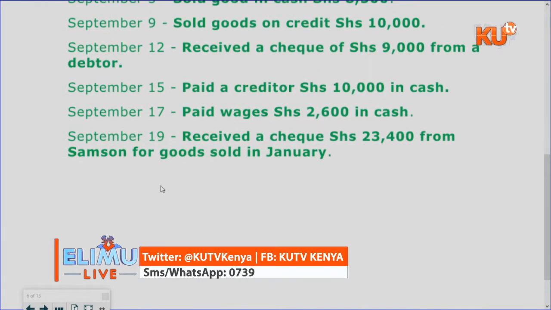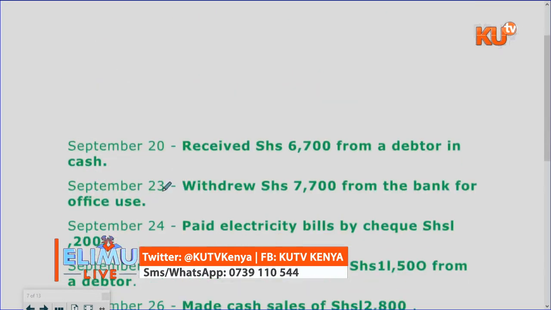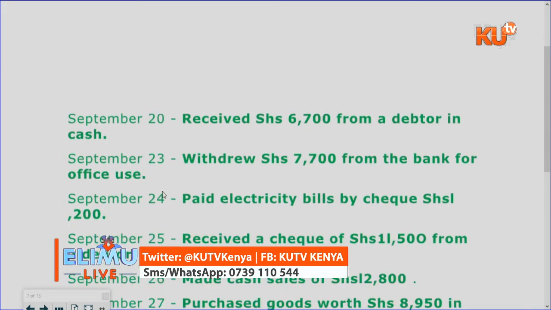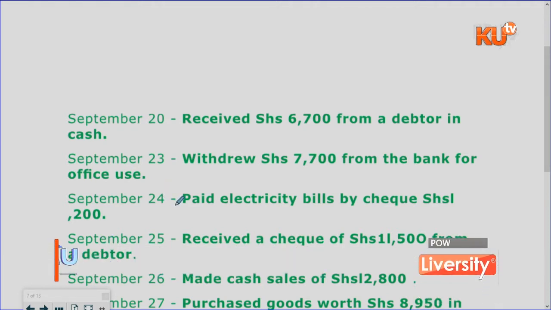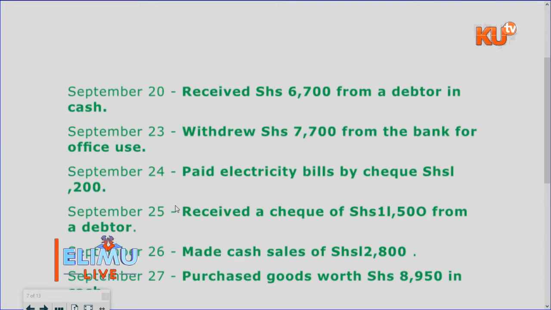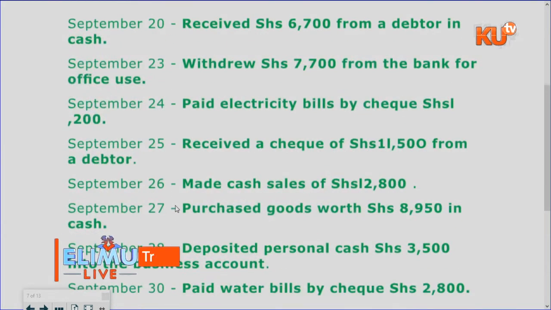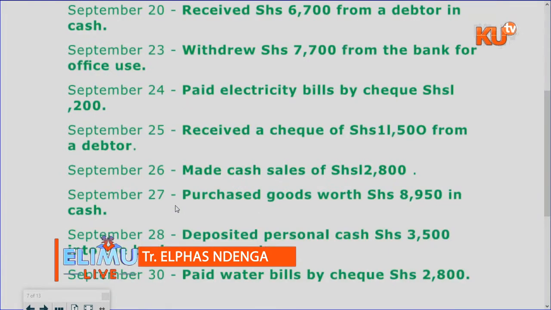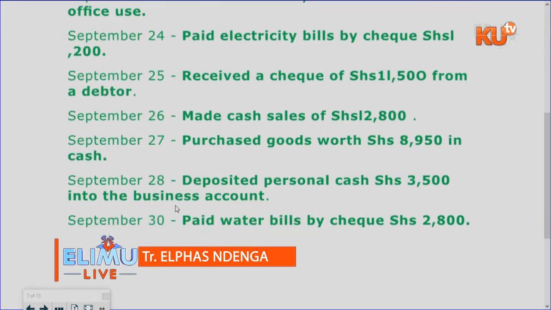The next information is that on September 20th, received 6,700 from a debtor, then withdrew 7,700 from the bank for office use, paid electricity by cheque 1,200, received a cheque of 11,500 from a debtor, made cash sales of 12,800, and then purchased goods worth 8,950 in cash, and lastly deposited personal cash 3,500 into the business account, and then paid water bills by cheque 2,800.